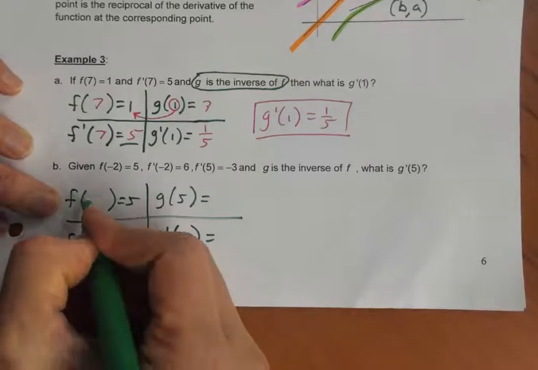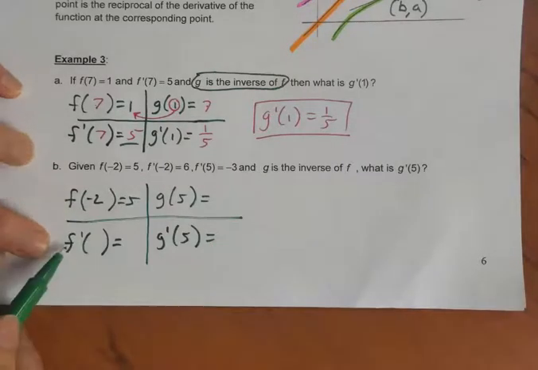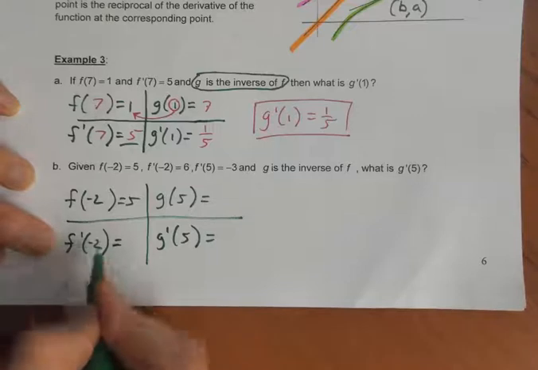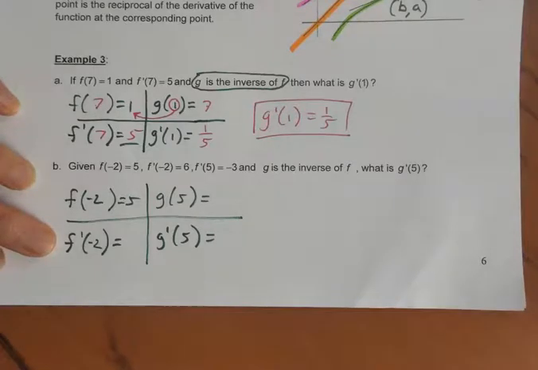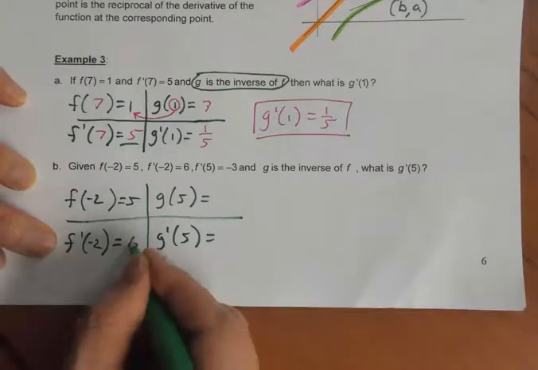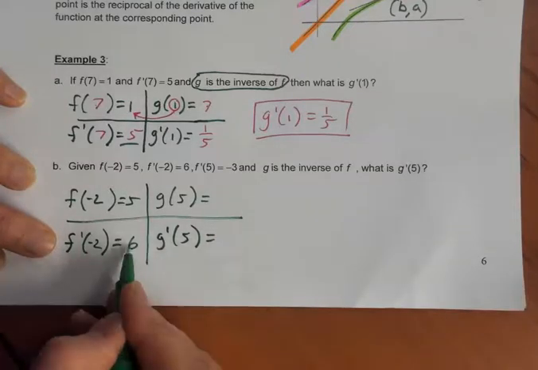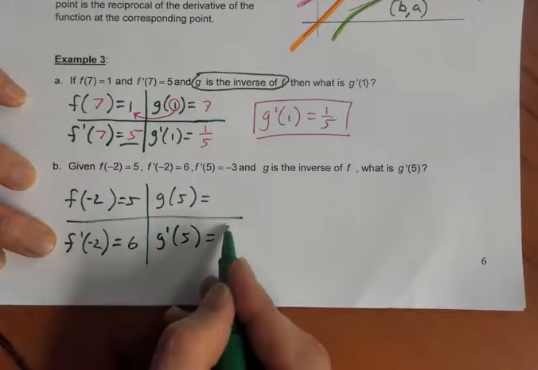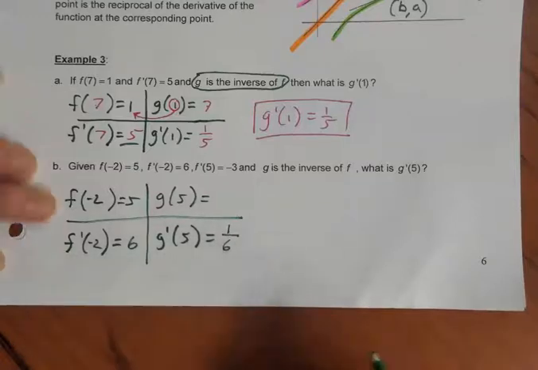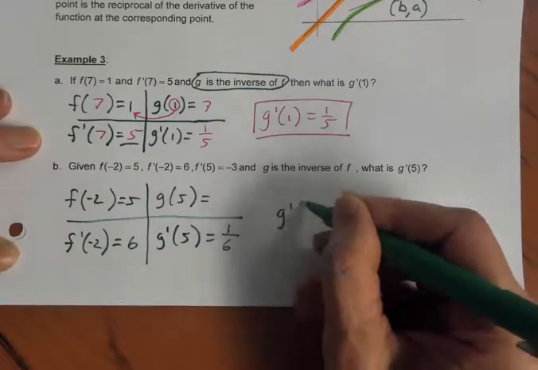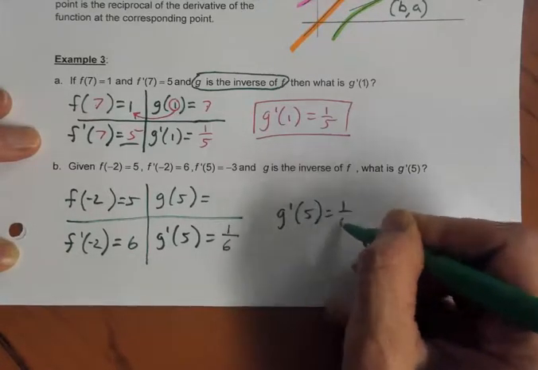Negative 2. Then you write f prime of negative 2, and that is equal to 6. These two are going to be reciprocals of each other. So this answer will be 1/6. So g of 5 is negative 2, and g prime of 5 is equal to 1/6.